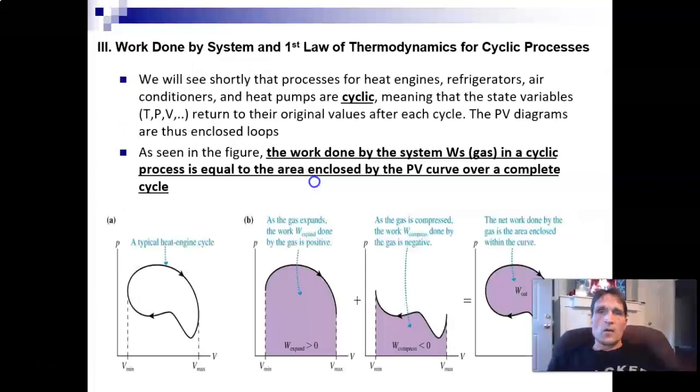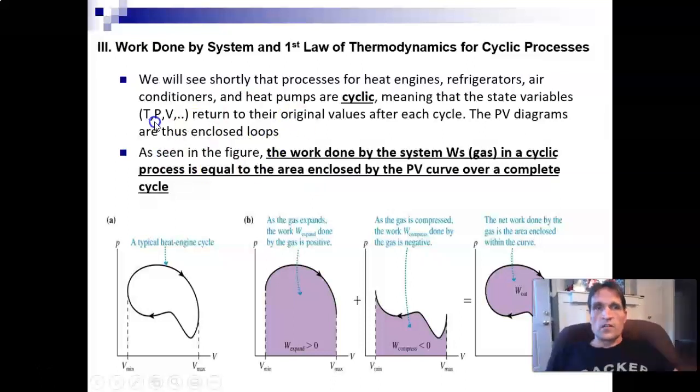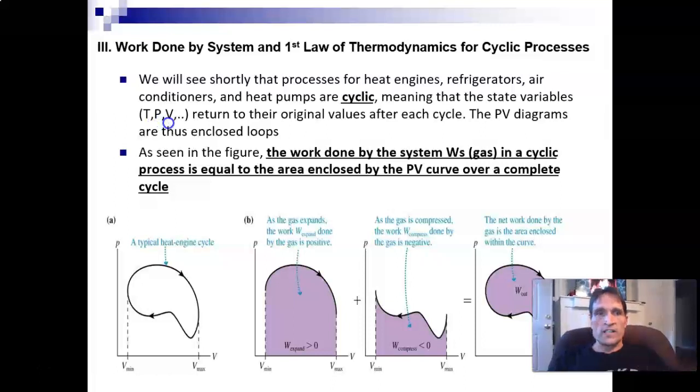So when we start covering engines and refrigerators, these thermodynamic processes are what are called cyclic. What that means basically is that these state variables, temperature, pressure, and volume, change over one cycle, and then they return to their same values after the cycle, and then the process repeats.